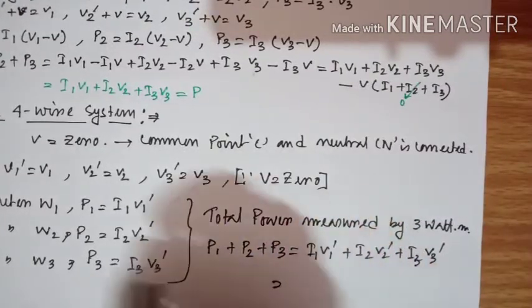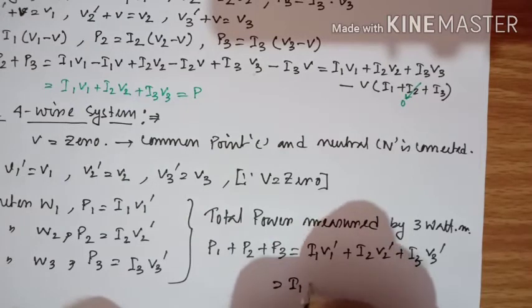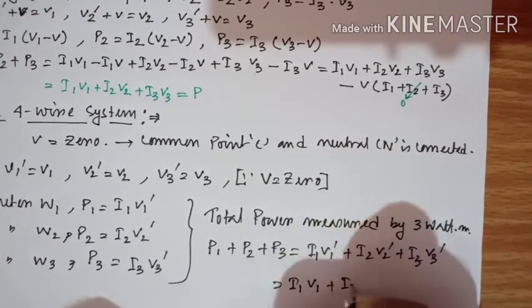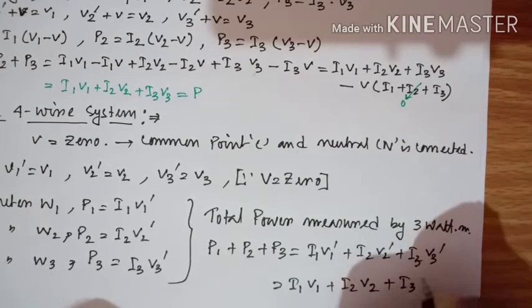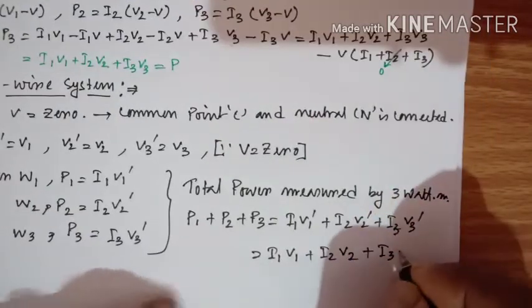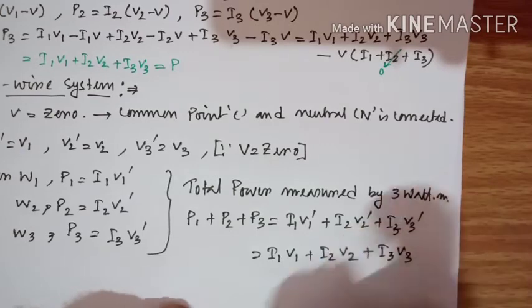Now as V1 prime is equal to V1, I can write I1 V1, I2 V2 prime is equal to V2, I3 into V3 prime is equal to V3.